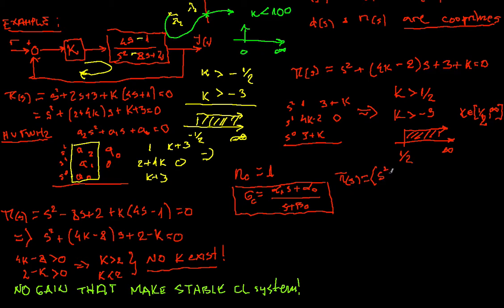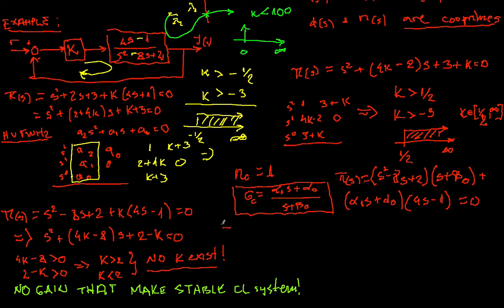This is s squared minus 8s plus 2 multiplied by the denominator of the controller, s plus beta 0, plus alpha 1 s plus alpha 0 times 4s minus 1 equals 0.